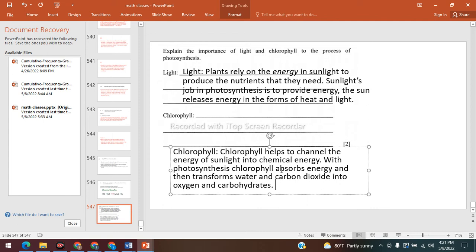Well, that's another problem with us. But chlorophyll helps to channel the energy of the sunlight into chemical energy. With photosynthesis, chlorophyll absorbs energy and then transforms water and carbon dioxide into oxygen and carbohydrates.